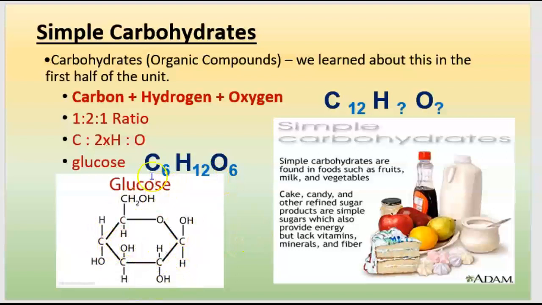That's the smallest one. So what is the multiple of 12 that hydrogen would be if it's a 1 to 2 to 1 ratio? You should come up with 24, because 12 times 2 is 24, and then oxygen would be the same as the carbon, so it should be 12. So 12 to 24 to 12 is still 1 to 2 to 1, just like the other one. So every time you see a carbohydrate, you're going to have to know how many hydrogens and oxygens are in there.